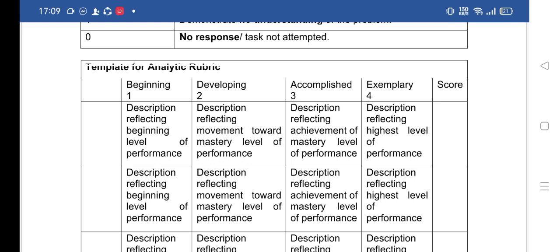And this will also involve the grammar of the students, organization of the sentences, and also the style as well.